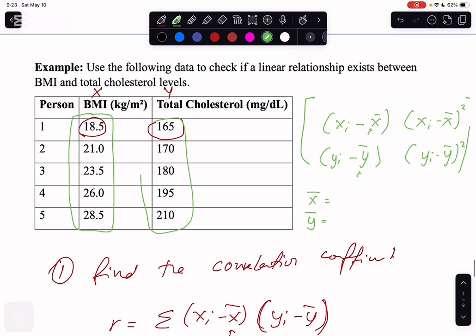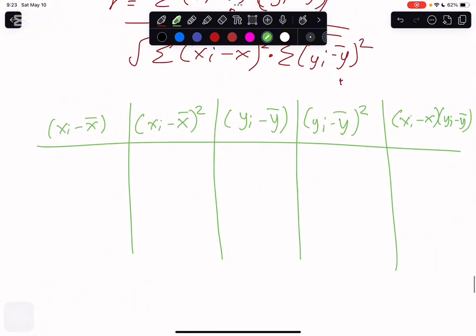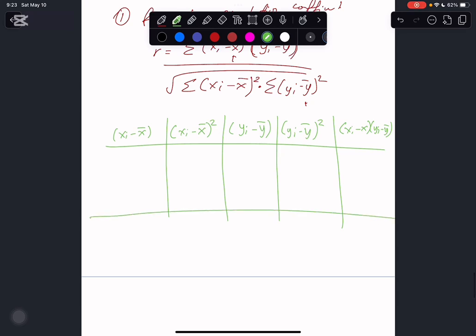And the last thing I forgot to tell you, you're going to find another column, which is xi minus x mean times yi minus y mean. So we're going to get some values, and for these values we're going to get the total, the summation. You're basically going to add all the values.